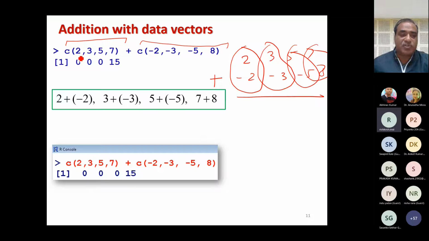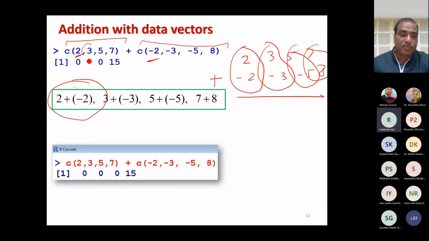The number at the first position in the first data vector is going to be added with the number in the first position in the second data vector. So this will become 2 plus minus 2.